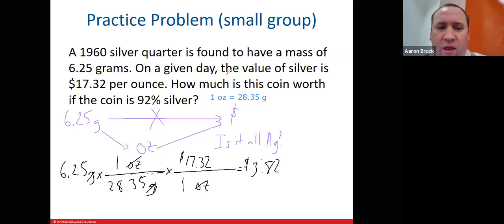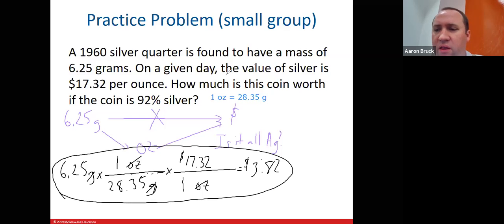However, this conversion assumes that all of the mass of the quarter is silver, which we are told here that it is not. Only 92% of it is silver. So we have to take this and multiply it by 92%.